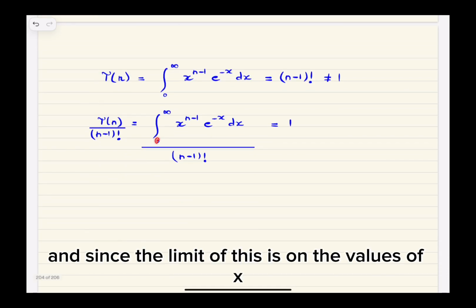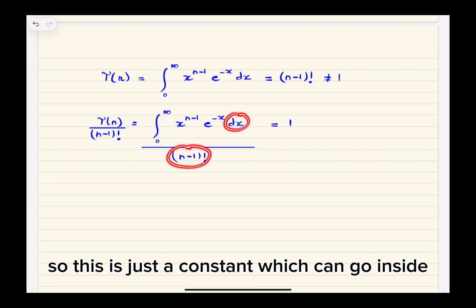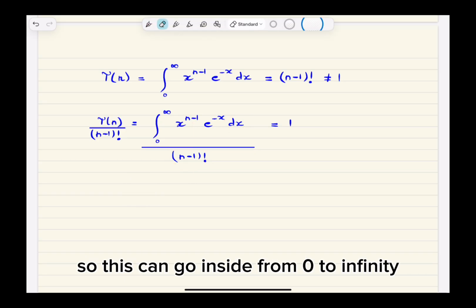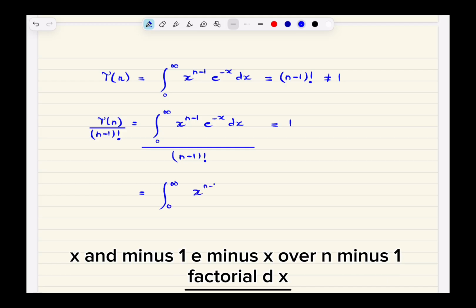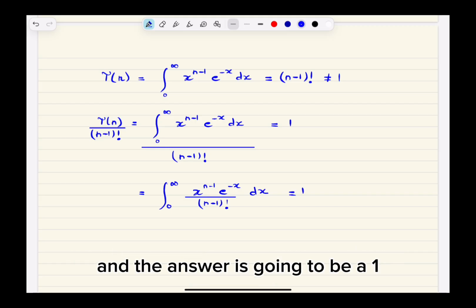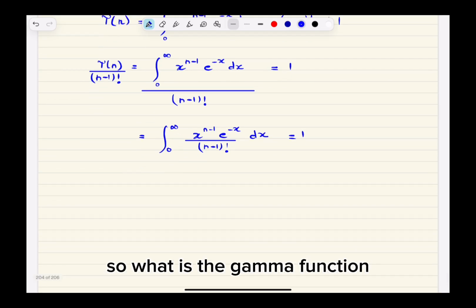Since the limit is on the values of x, not on the constant, this is just a constant which can go inside. So this can go inside: the integral from 0 to infinity of x^(n-1) e^(-x) over (n-1) factorial dx, and the answer is going to be 1.